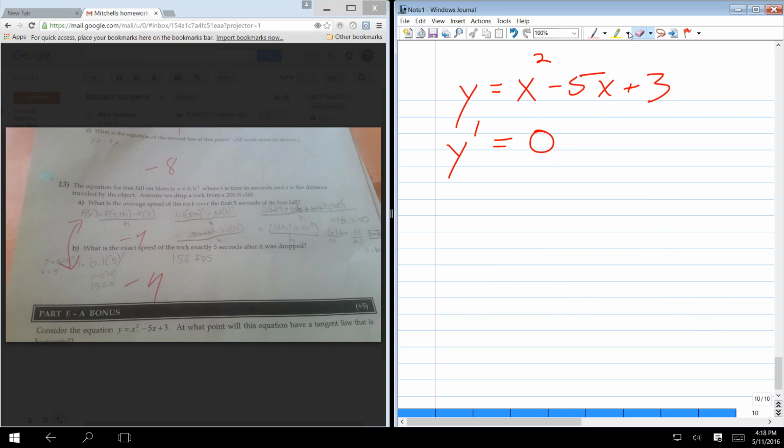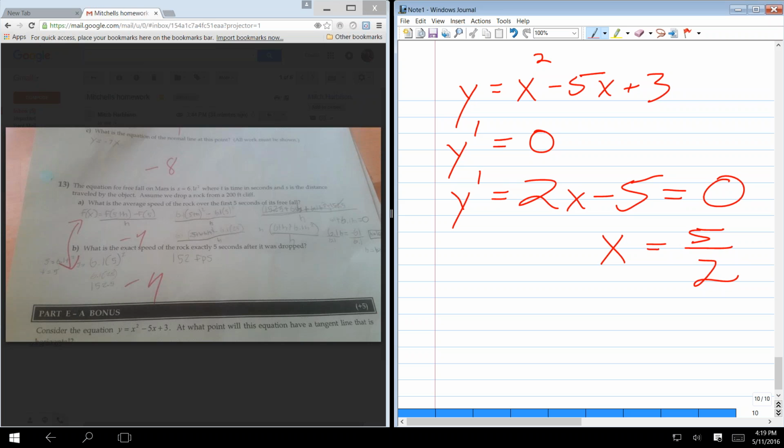So what's the first derivative equal to? 2x minus 5. That's it. The 3 goes away. And now we're going to set that equal to 0. Solving it is a piece of cake. x equals 5 halves.